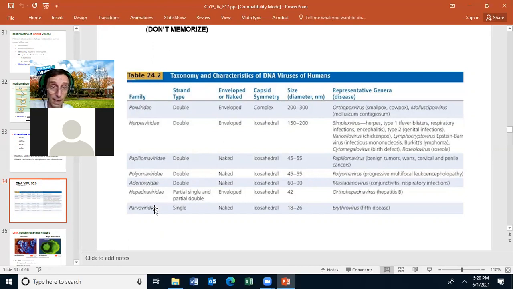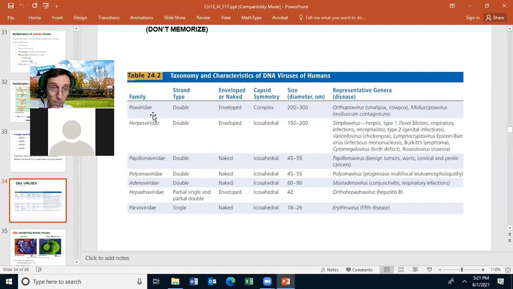Anyways, it lists the different families of viruses, the different type of DNA molecule, and whether it's an enveloped virus or a naked virus. And like I said, you do not need to memorize this table. And then it talks about some of the diseases caused by these viruses.